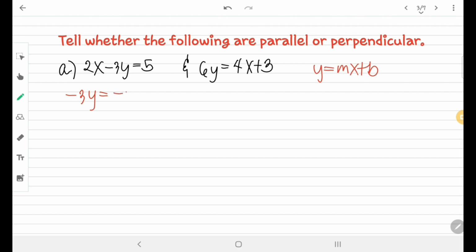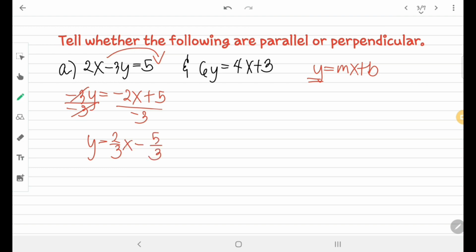Itatranspose ko to doon, or mag-APE, subtract both sides by 2x. And then, dahil y equals mx plus b, we will be dividing both sides by negative 3. So, y equals 2/3 x minus 5/3. Kasi slope lang naman yung kailangan. So, let's identify our slope.